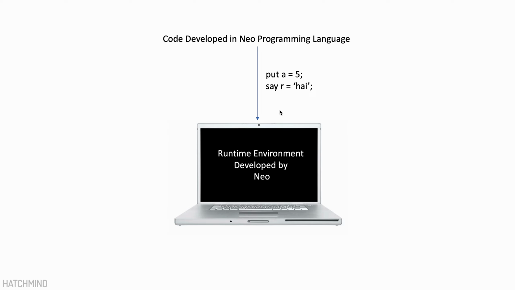Now, for Java, you can't just run a Java code in a machine without a Java runtime environment. So Java itself gives a Java runtime environment so that the Java code can be executed in a machine. Now this is how an assembly language looks.